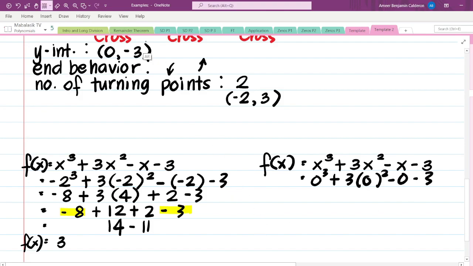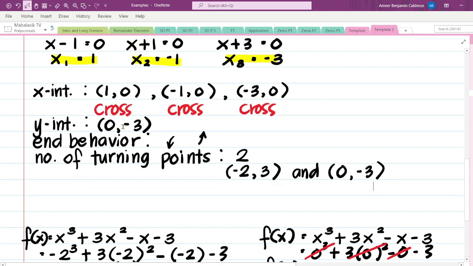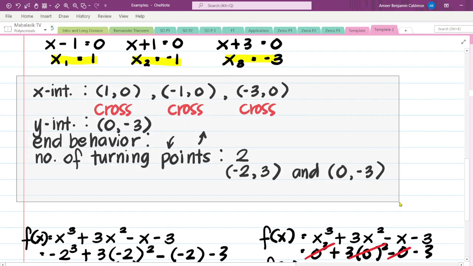And we all know that we can cancel everything here. And we are left with f of x equals negative 3. Therefore, the other turning point is (0, negative 3). We have now completed the data that we need to graph this polynomial function.